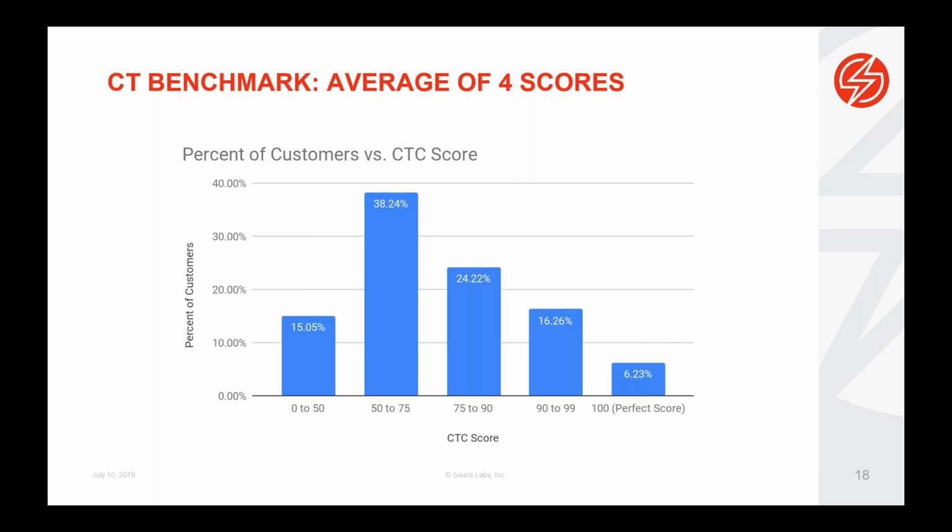It's not based on what customers are doing out there in the wild. It's very rare for a customer to hit those benchmarks for excellence on every one of the components. Only a little over 6% of our customer base does that, and about 20% is in pretty good shape with a score of 90 or above.